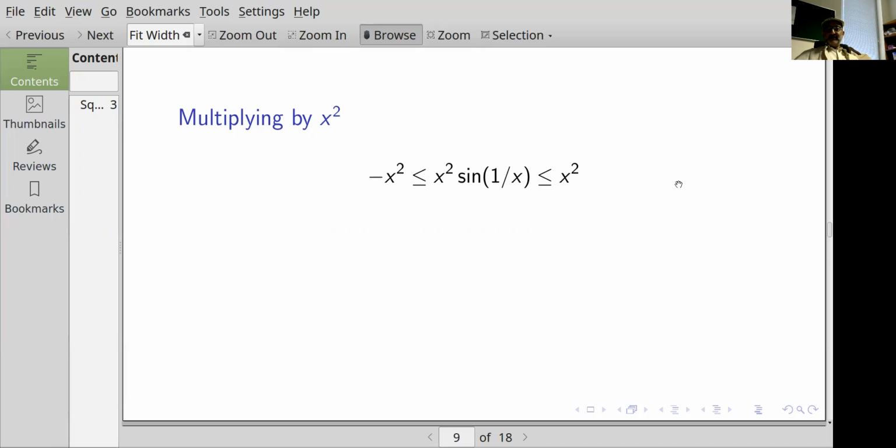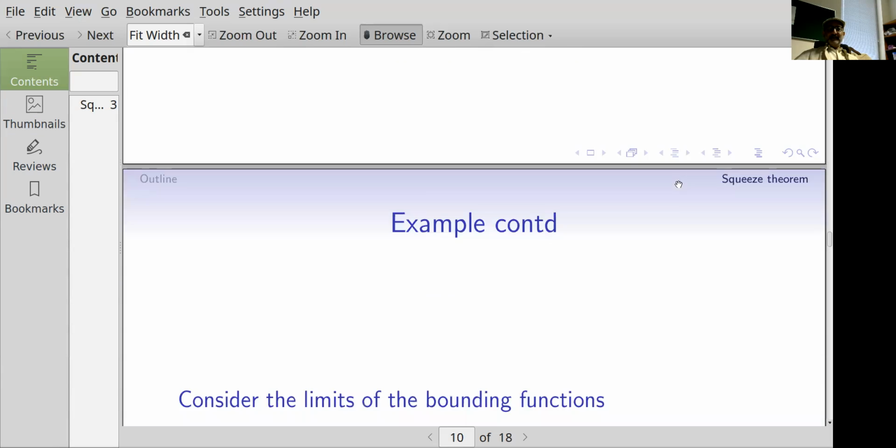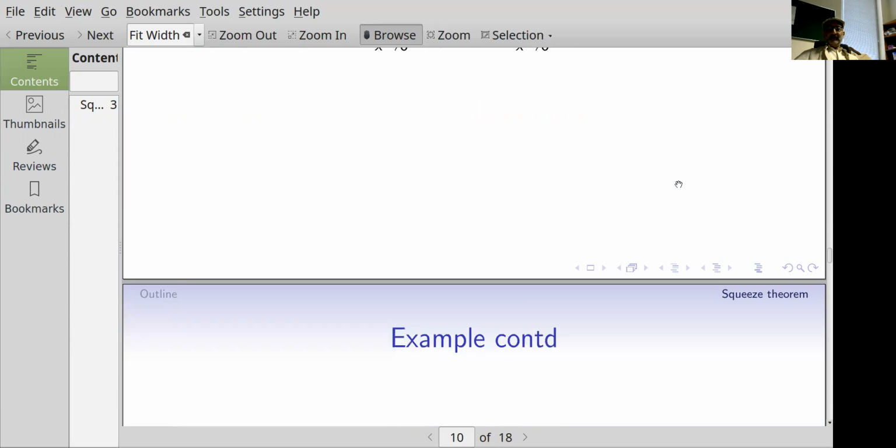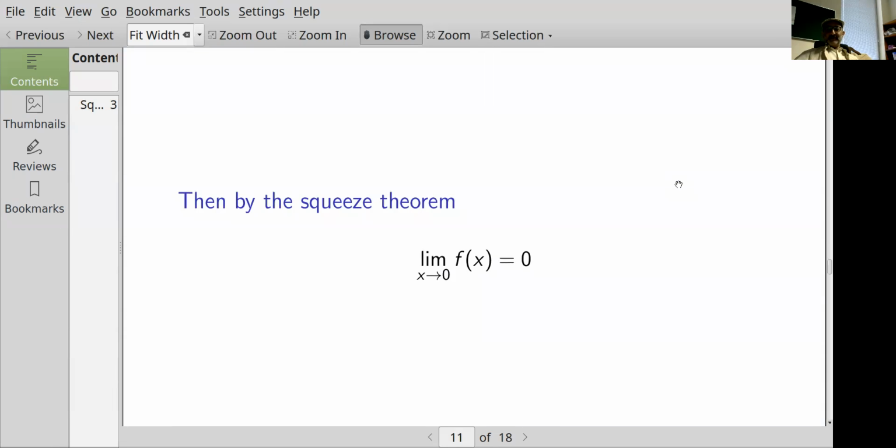Now limits of minus x squared and positive x squared are very easy. Right? At 0, both of those functions go to 0. Then by the squeeze theorem, the limit as x goes to 0 of this function, x squared sine of 1 over x, will also be 0.